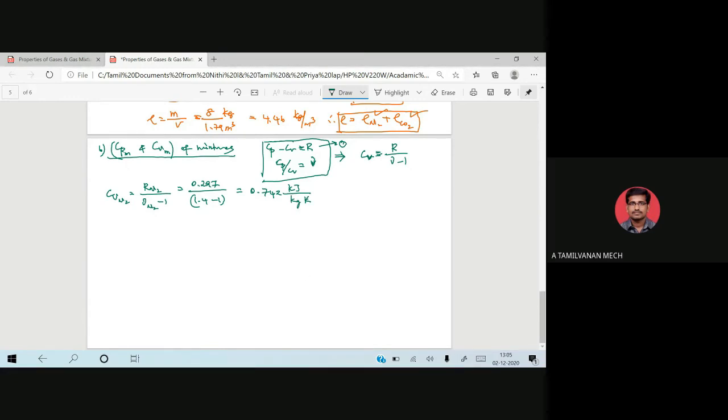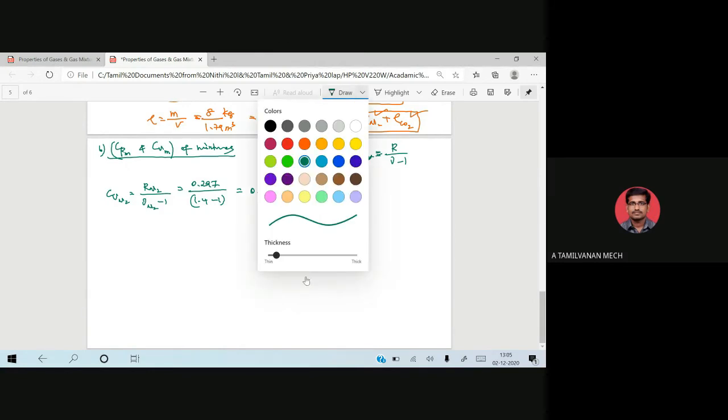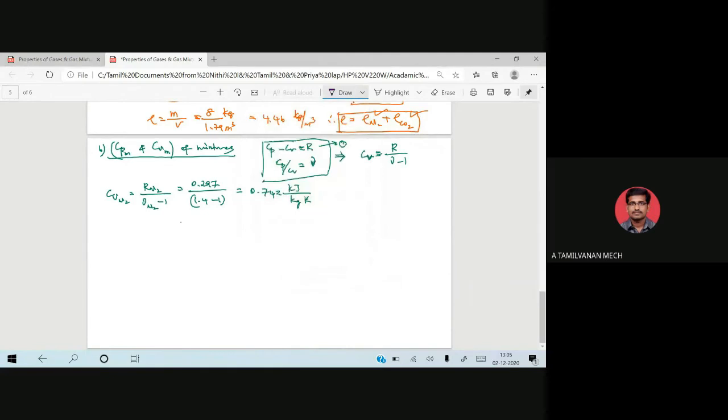In some books, this equation is written in another form. Listen, this formula can be written in another way: R bar divided by molecular weight into gamma minus 1. Because R of N2 is equal to R bar divided by molecular weight.